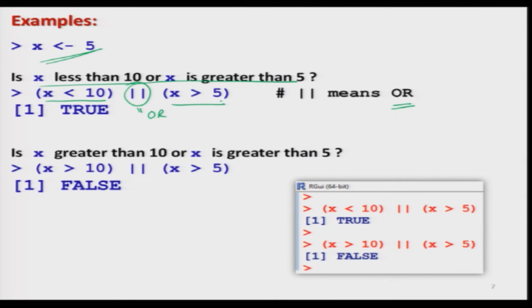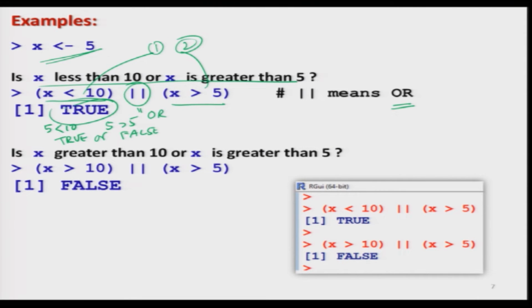What does this mean? If any of condition number 1 or condition number 2, whichever is true, if any of them is true, then this will give us the answer true. So 5 less than 10 is true and 5 greater than 5 is false. But when you write true or false, it is true.